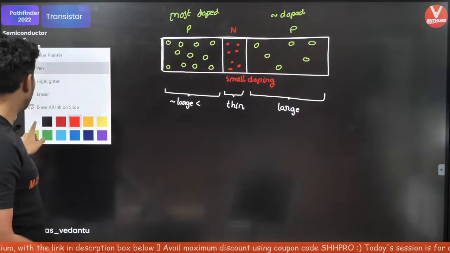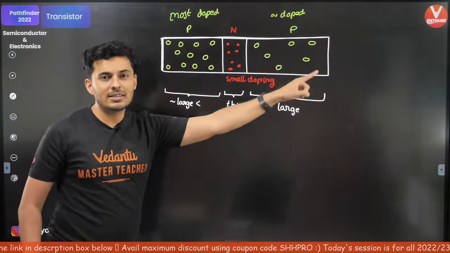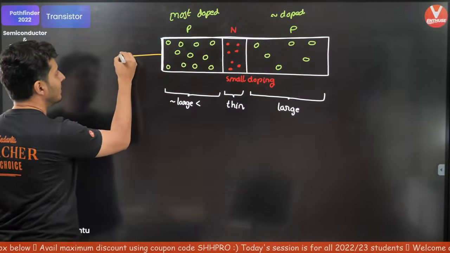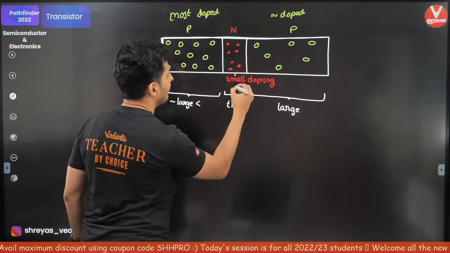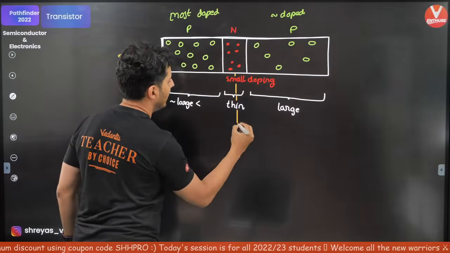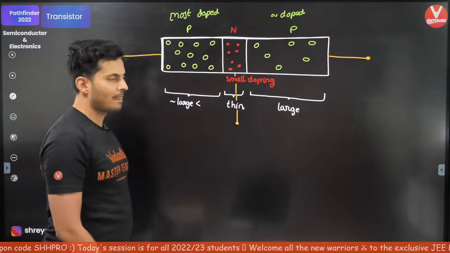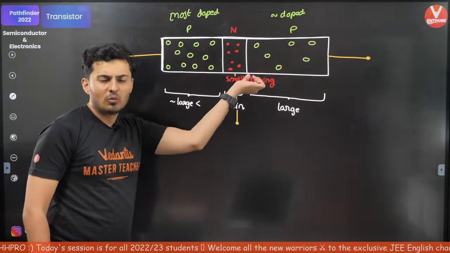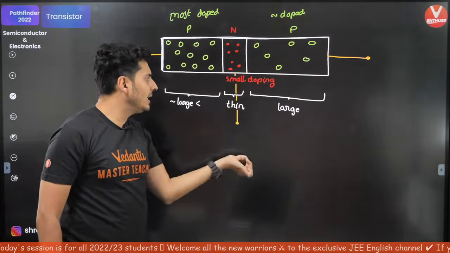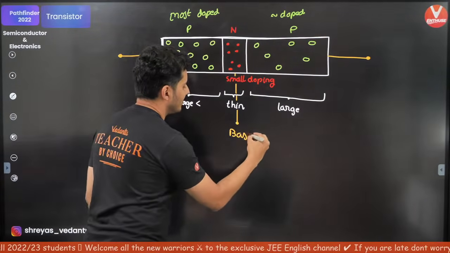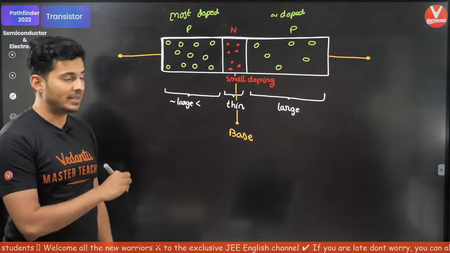Now you would have also seen that there are three terminals coming out of it. One from here, then obviously one from here as well, and another coming out from here. The middle one, which is very lightly doped and very thin, is called the base.